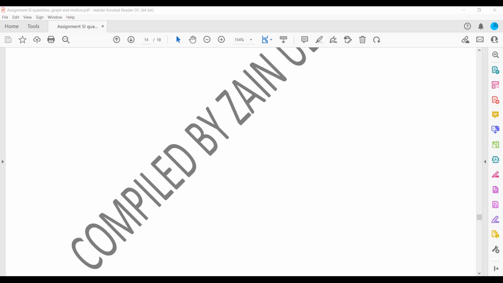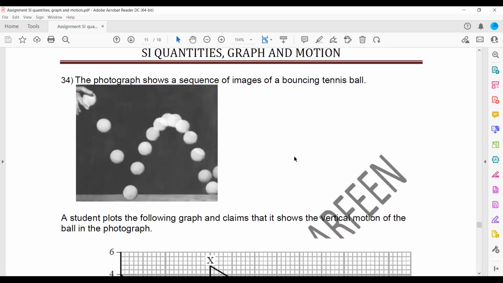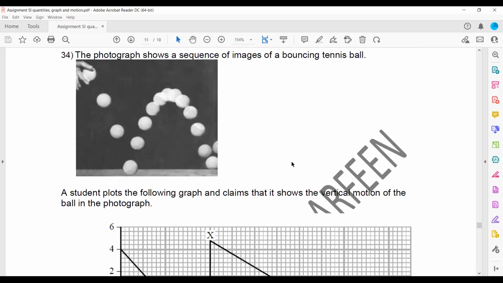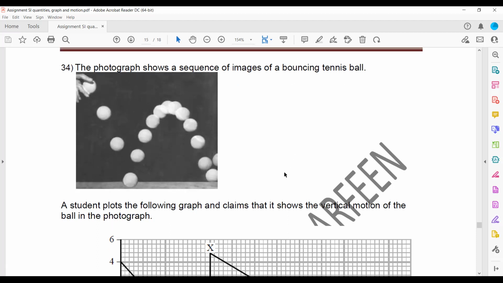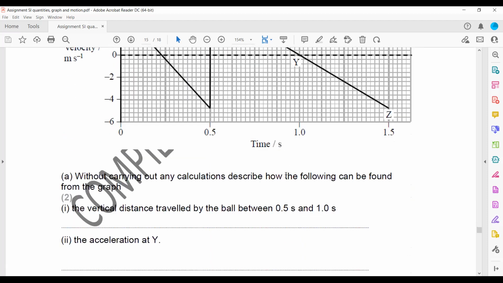And question 34A, 1 and 2. In question 34, the photograph shows a sequence of images of a bouncing tennis ball. The student plots the following graph and claims that it shows the vertical motion of the ball being photographed.